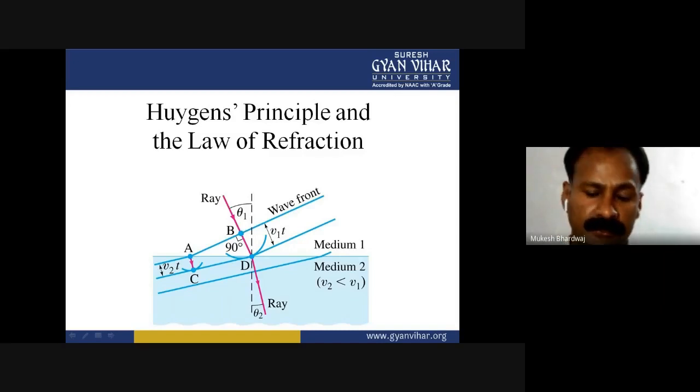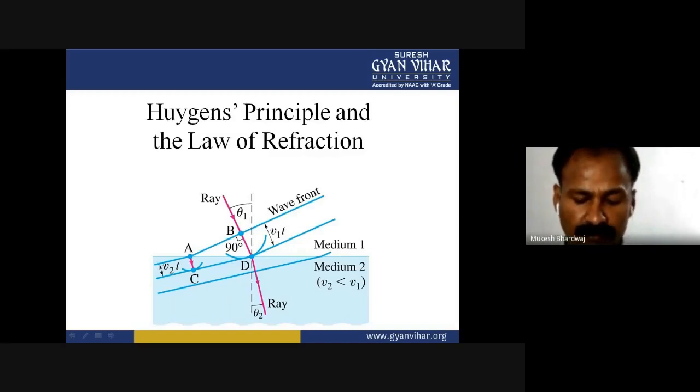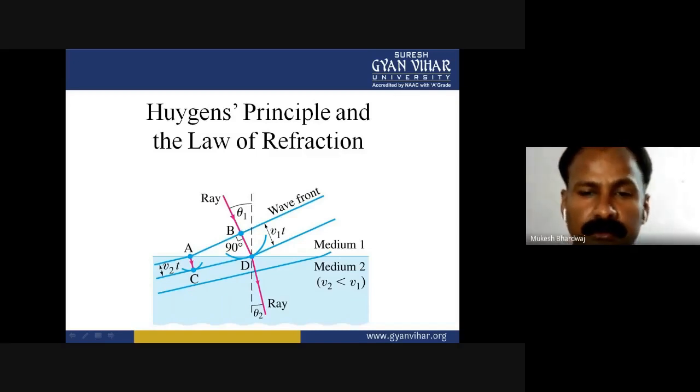The second equation is also to be considered: E2 equals E naught 2 sine omega t minus kx2 plus phi 2. Now we just assume that kx1 minus phi 1 equals alpha 1 and kx2 minus phi 2 equals alpha 2.